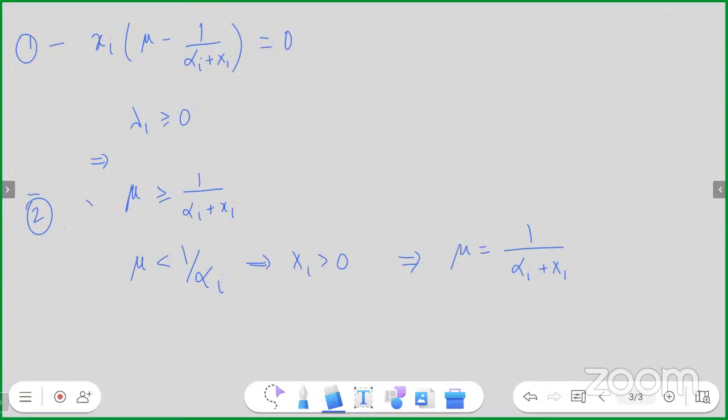Okay. What more can I add? So if mu is less than 1 by alpha i, you end up getting this. What if it's more?